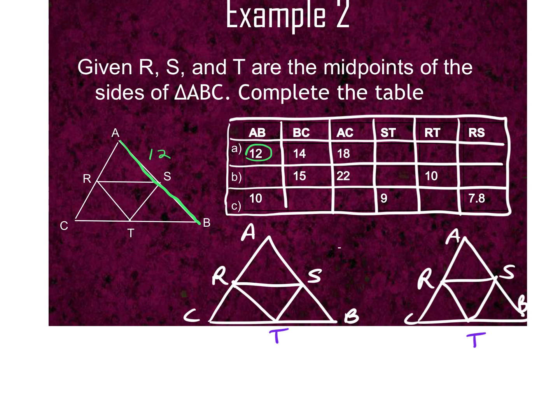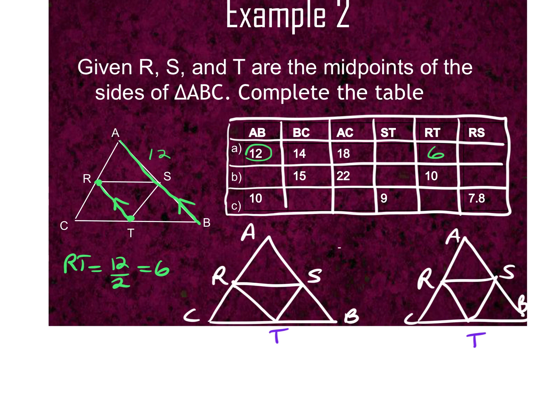Because they told me R, S, and T are all midpoints, I know RT here is the midsegment that is parallel to AB. Since they gave me the side of the triangle, in order to find RT, all I have to do is take 12, divide it by 2, and the length of RT is 6.